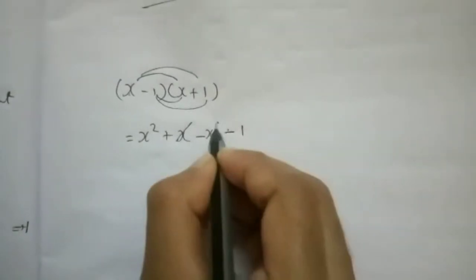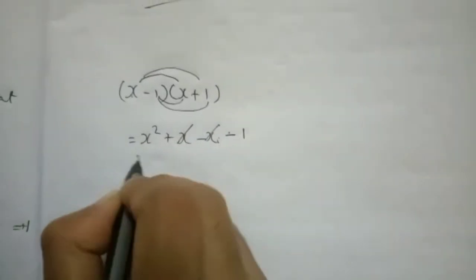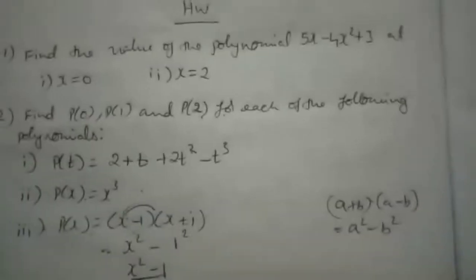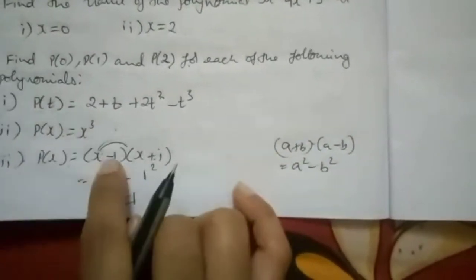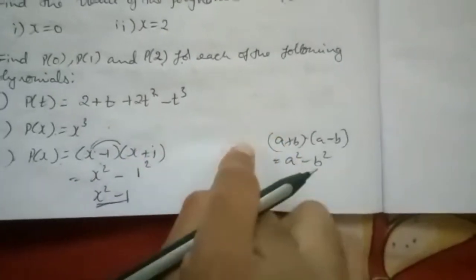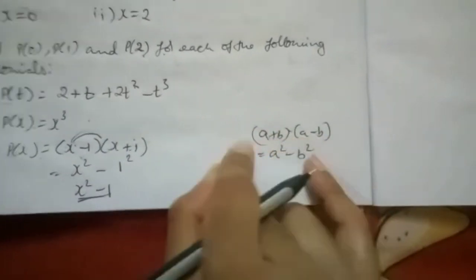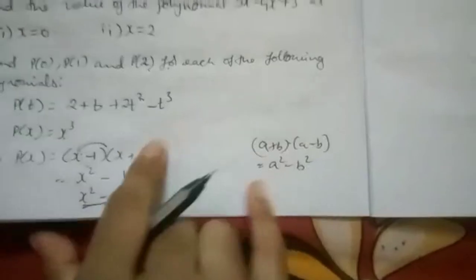Then plus x and minus x get cancelled, then what will be remaining? X square minus 1. See, you have got the same, x square minus 1, here also x square minus 1. So if you have it in formula form, you can use that, a plus b into a minus b is equals to a square minus b square.